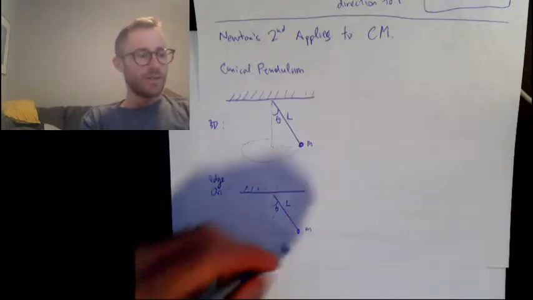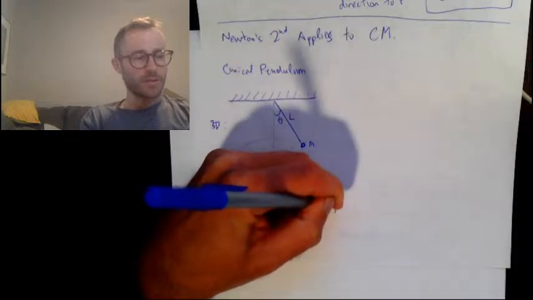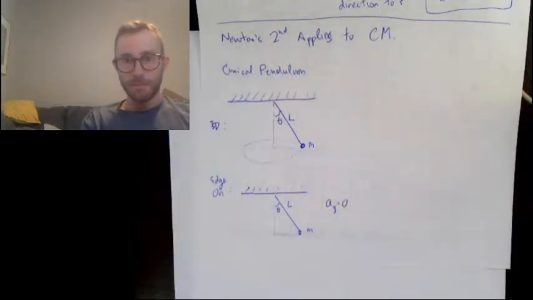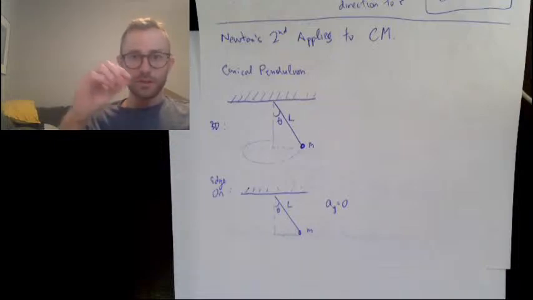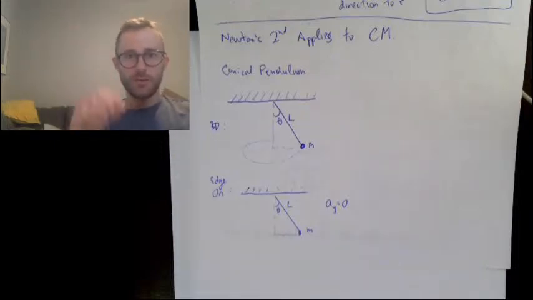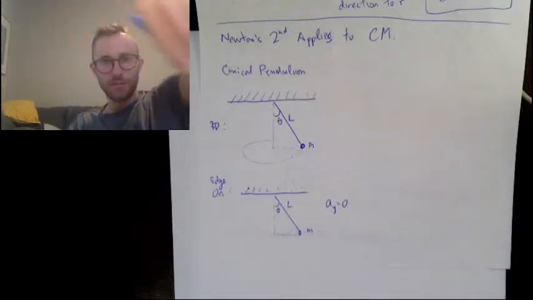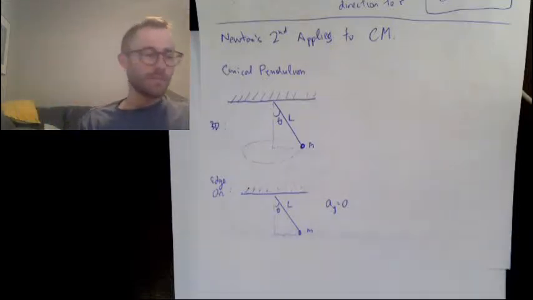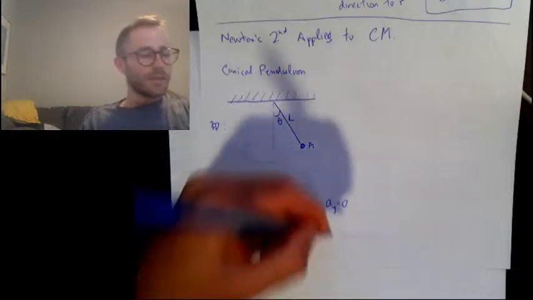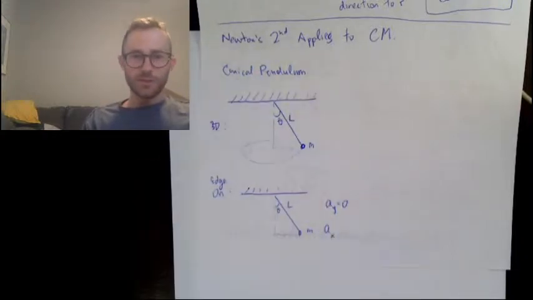So this means that the y component of the acceleration is 0. Because if the y component of the acceleration was not 0, then the mass would be rising or falling, but it's just moving in a flat circle.